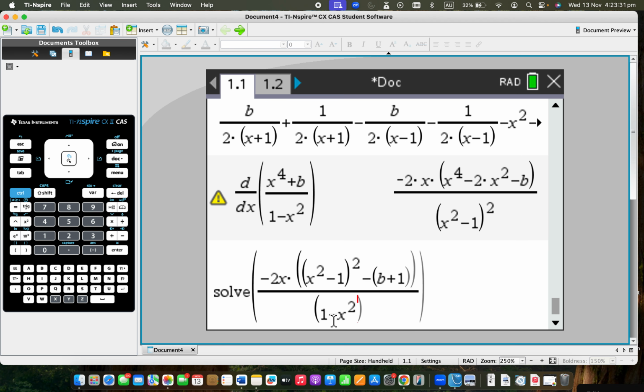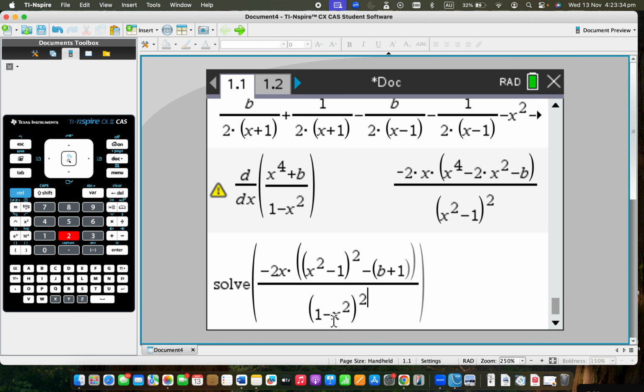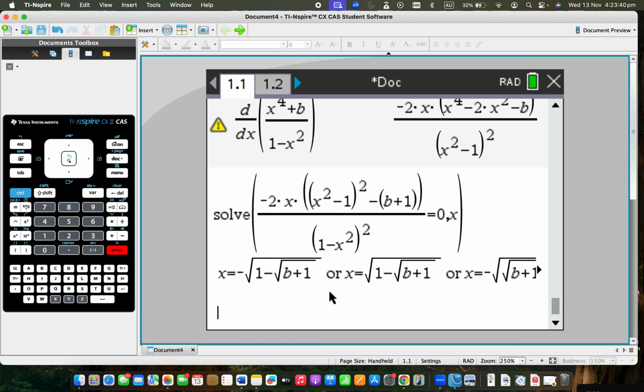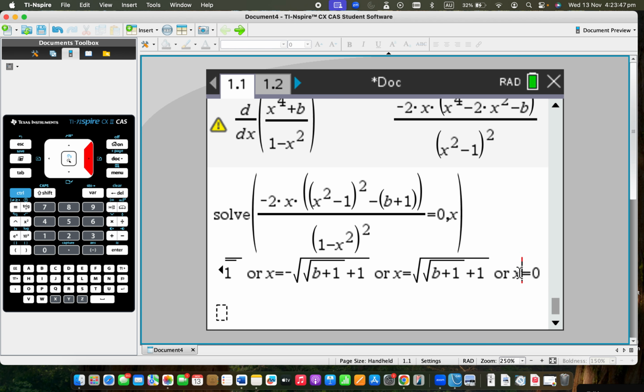Oops. We want that to be equal to 0, comma x. We'll have one stationary point. Okay, so that's that.